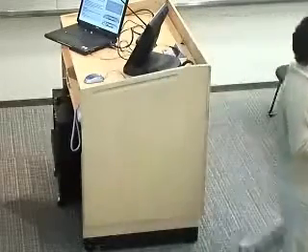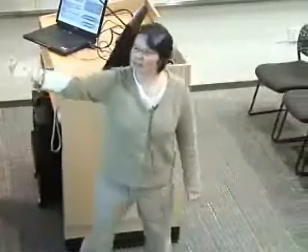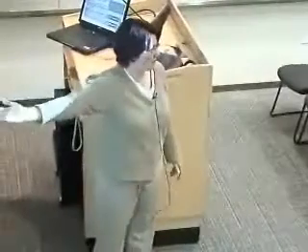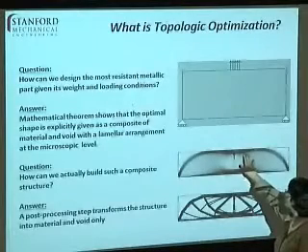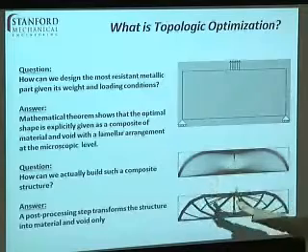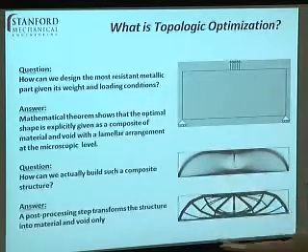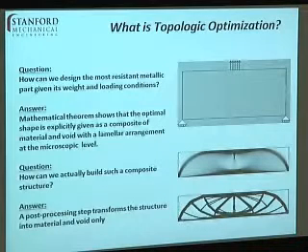What is the answer to that question? Well, we have a mathematical theorem, a rigorous proof, that shows the optimal shape for a given structure is this shape, which is a composite shape. Here, everything that is black is material, everything that is white is void, and everything that is gray is a mixture of material and void.